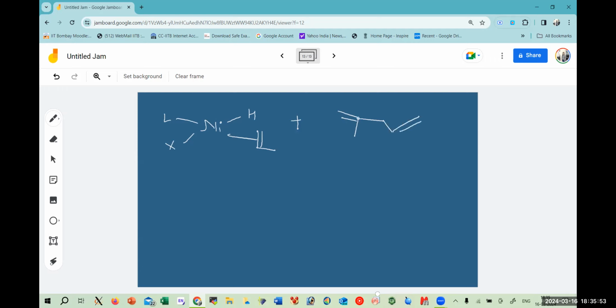So one such species has been generated over here, which we thought would be coming.